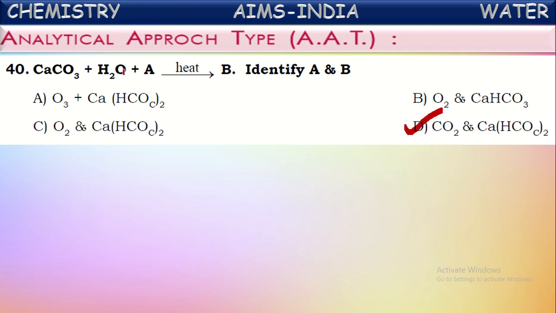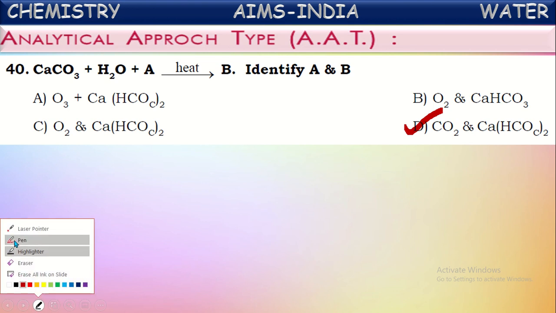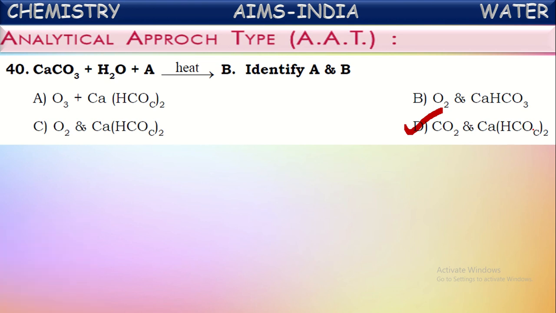Calcium carbonate on reaction with carbon dioxide in the presence of water gives calcium bicarbonate. Actually, it should be Ca(HCO3)2, with HCO3 taken twice.